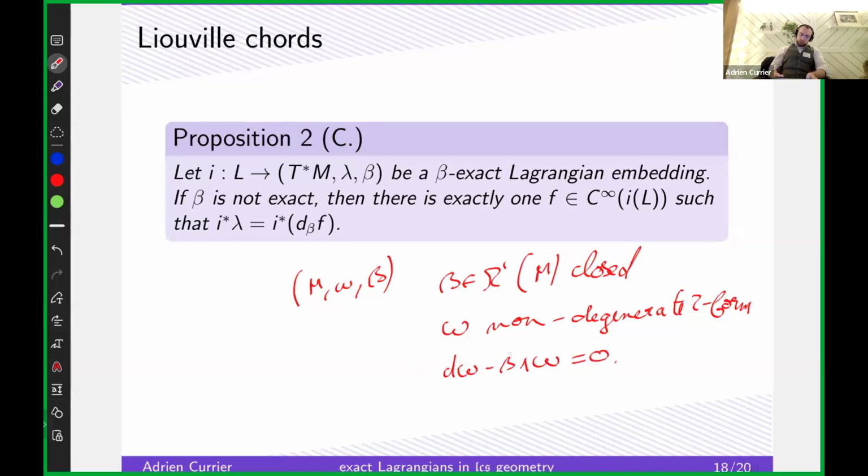And so when beta is equal to dg, then e to the minus g d omega minus dg wedge omega is just going to be equal to d of e to the minus g omega, right?